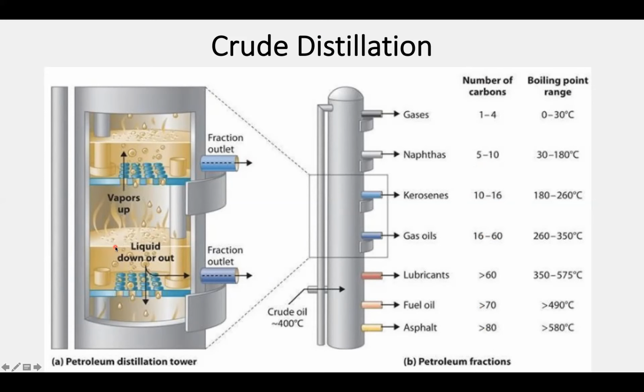And in each case, all of our volatile vapors tend to go up, all of our heavy liquids tend to go down, and we pull out a little bit of the liquid at each level. And at the very bottom, you're essentially just pulling out non-volatile asphalt. And this gives us most of the separation we need with fairly decent purity.